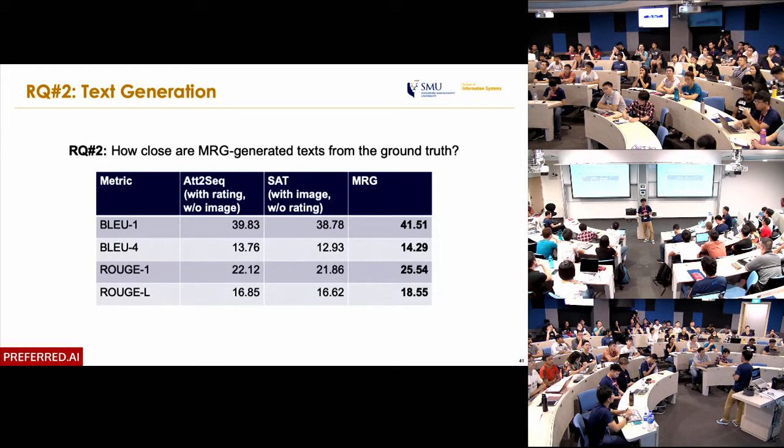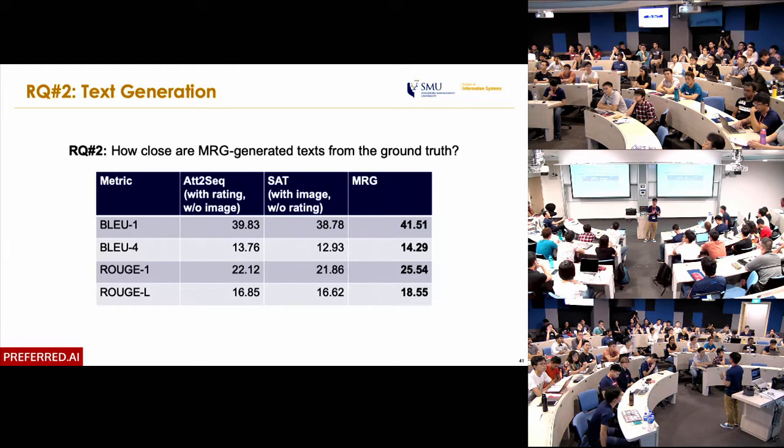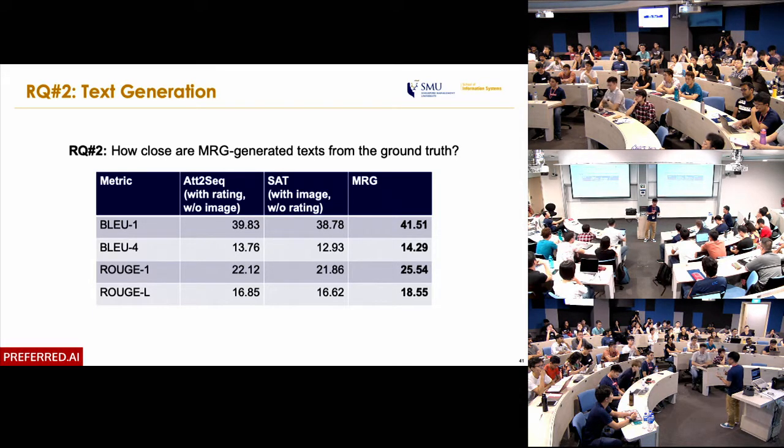The second question that we want to answer is how close our generated text is compared to the ground truth review text. Here we compare with 2 baselines. The first baseline generates the review text based on the user, item, and the rating information that they predict.